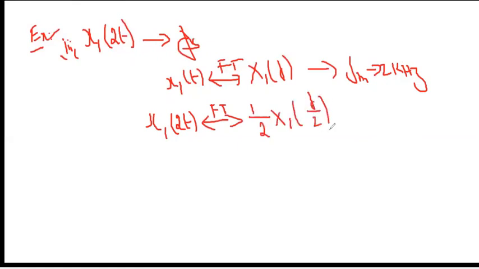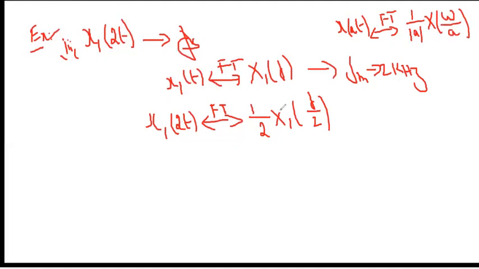According to our time scaling property, the Fourier transform of x of at is 1 by the magnitude of a, times x of f, or omega by a. My dear students, omega is angular frequency.